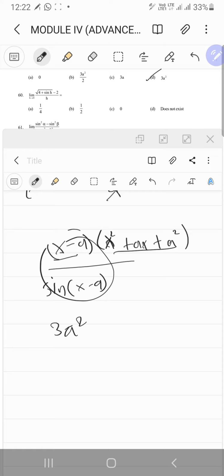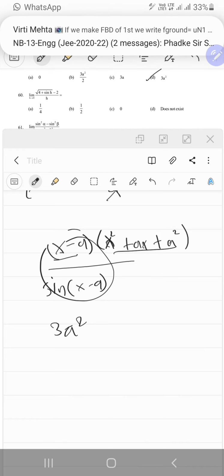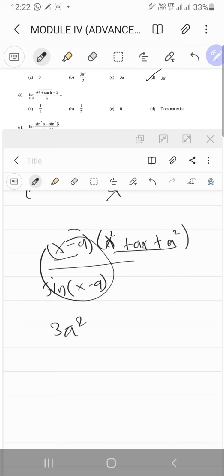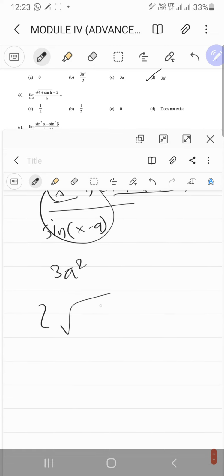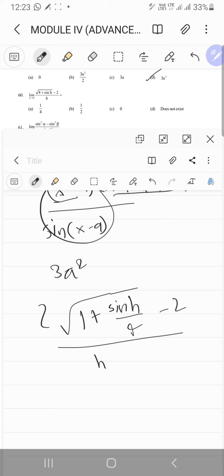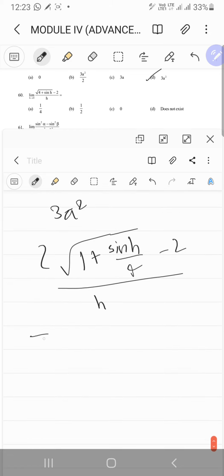h approaches 0, square root of 4 plus sine h minus 2 upon h. So now what? Take a derivative maybe? I think that would be correct. No big deal, right? But why even do that when you have this? So this is 2 square root of 1 plus sine h by 4 minus 2 upon h, and then we have the binomial expansion.